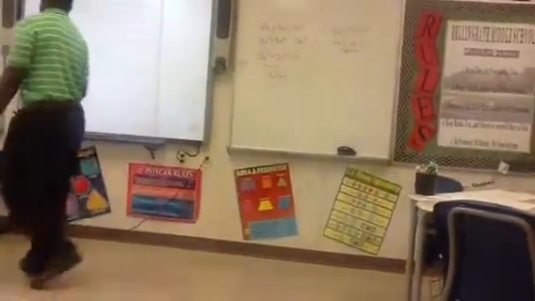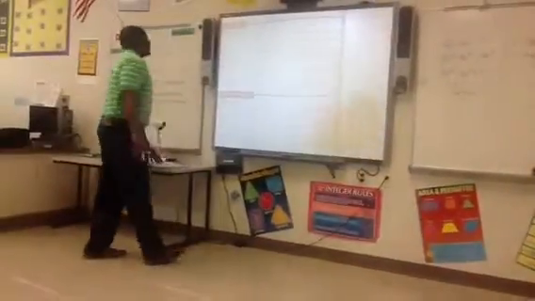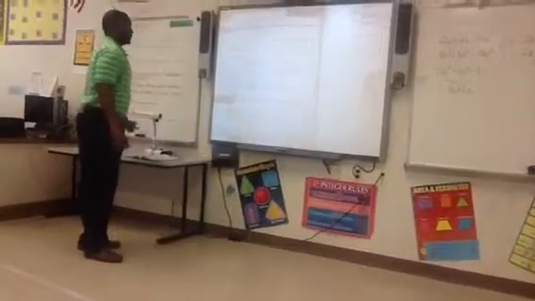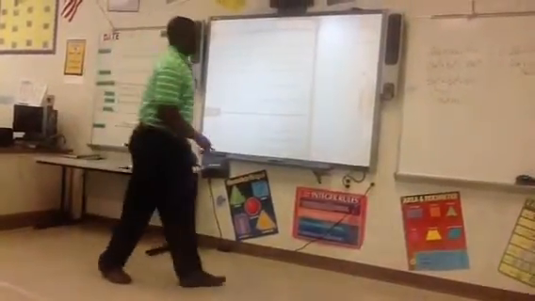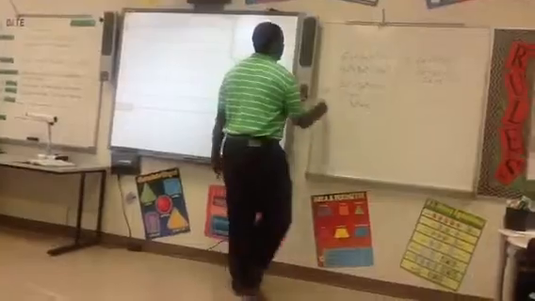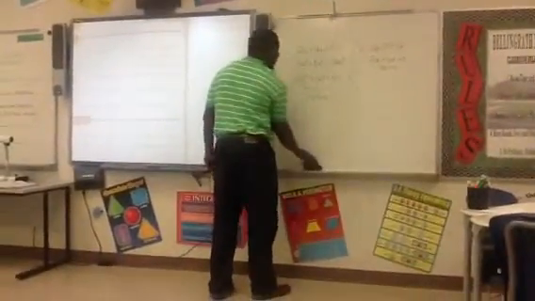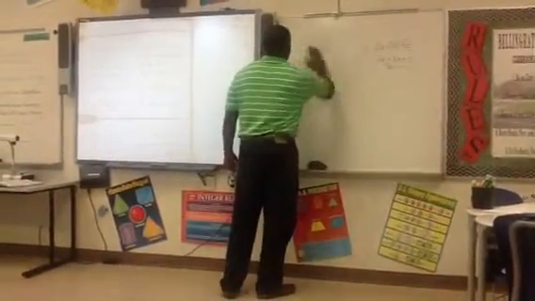Now, let's look at number 3, because number 3 has multiple terms. It says 6f squared plus 3 minus 4f plus 5 plus 10f squared. And what we want to do is combine like terms.